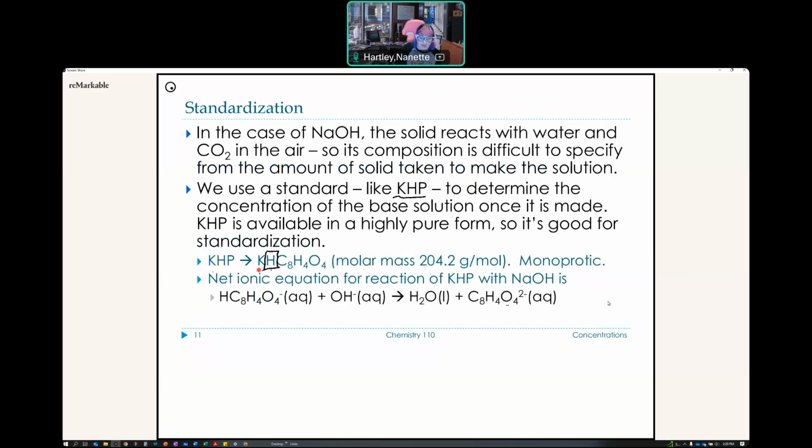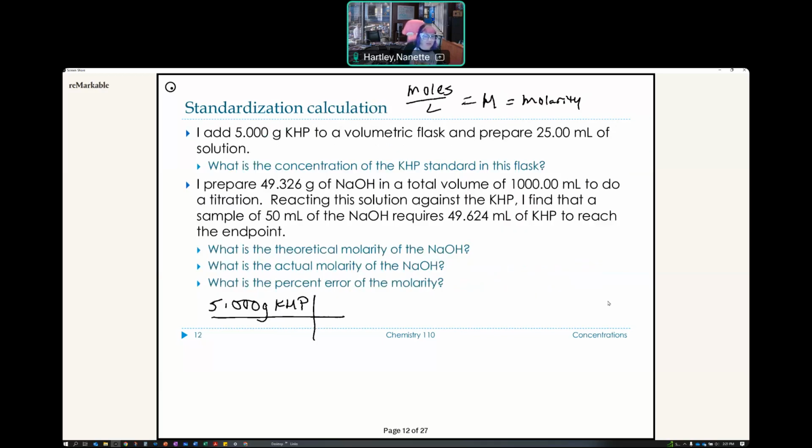Yeah, absolutely, because you've got this formula right here. So I could calculate that that is 204.2 by taking and adding potassium and this hydrogen and these 8 carbons and these 4 hydrogens and these 4 oxygens. If I added all of that together, I would get 204.2. Okay. Now it depends on which table I use, exactly what I'm going to get. You know, I've seen some of those variations, but that bottle says 204.2 grams per mole, so that's what I'm going to use.